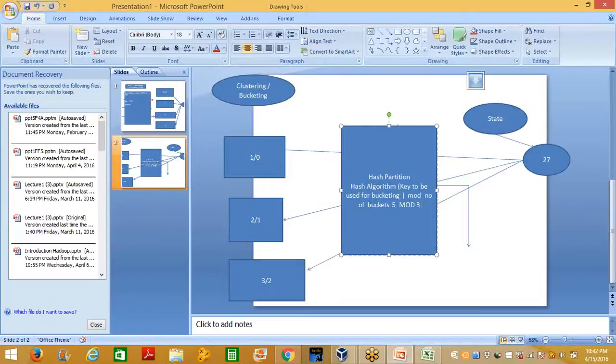What is the value of 5 mod 3, and what is the value of 17 mod 3? Tell me. 5 mod 3 is 2, and 17 mod 3 is also 2, right? So then these values 5 and 17 obviously go into the second partition only. They go into the second partition in general.